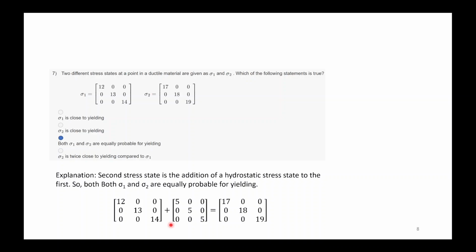From what I understand, if there is no shear stress, there is no distortion. So the shear stress is the same for both, right?